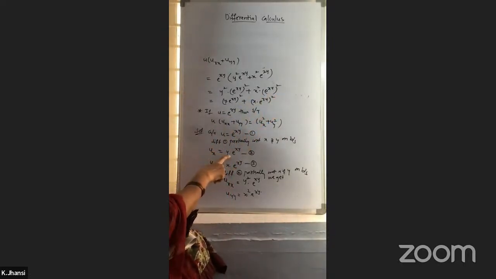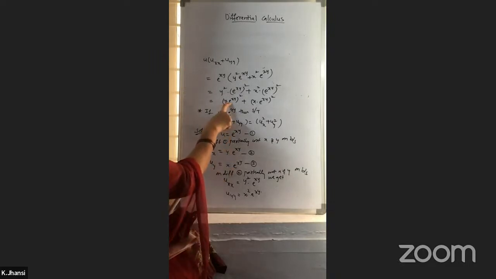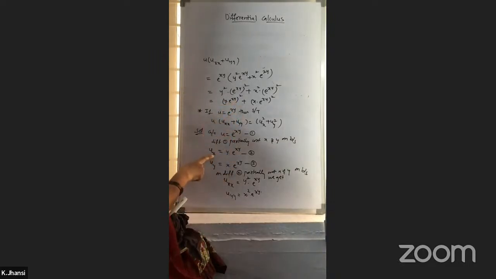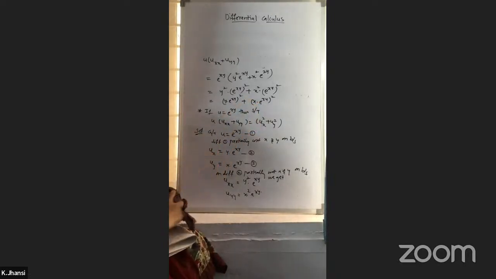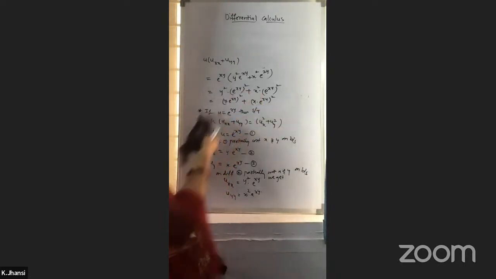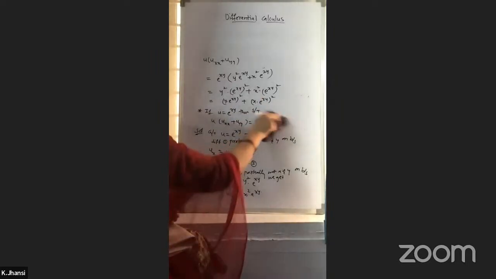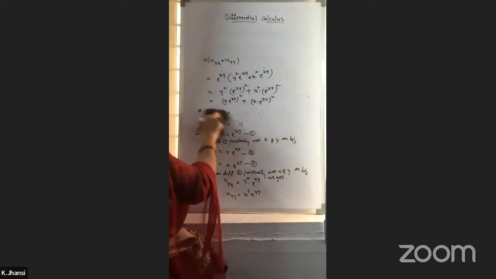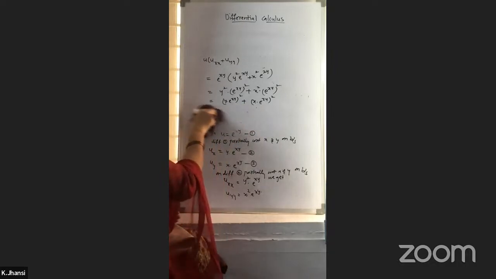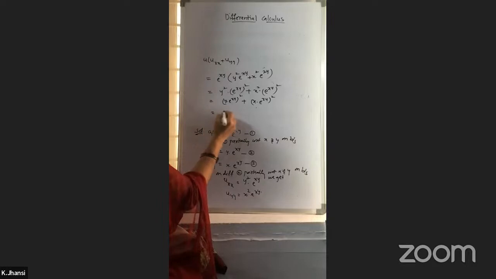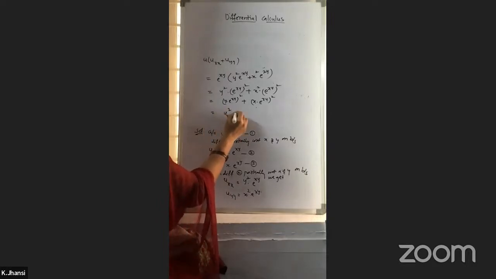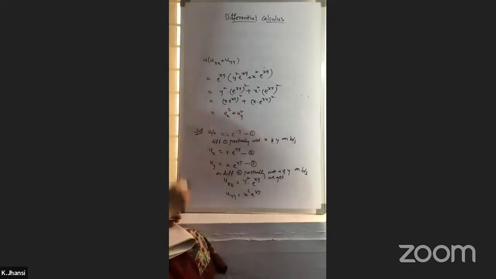What is y into e to the power of xy? It means ux, and x into e to the power of xy is uy. So we got the answer.